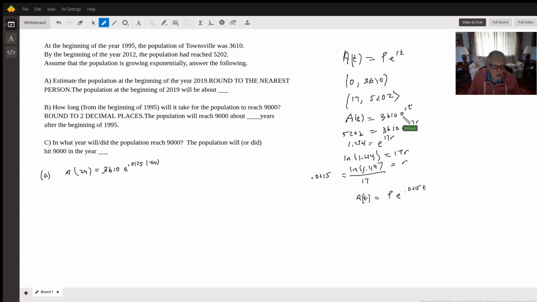To get R, what we're going to do is just use this second data point. And you can see I've got 5,202 as the population. And then T is 17 here.